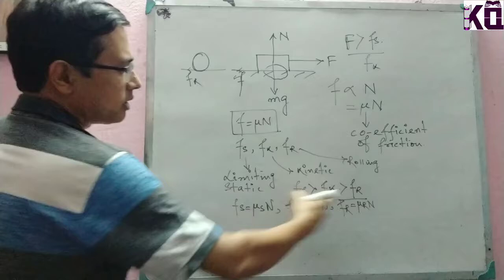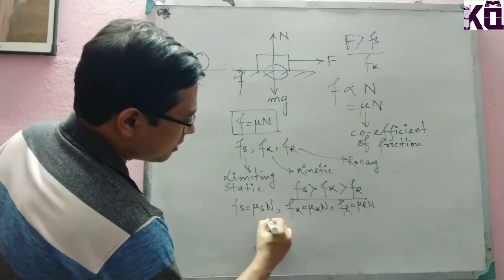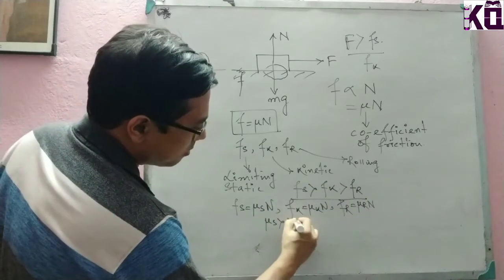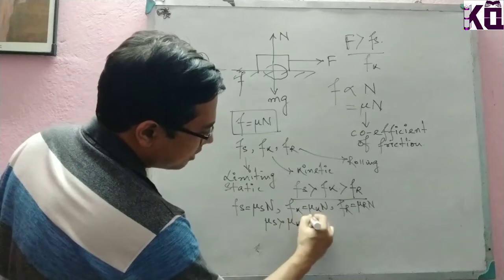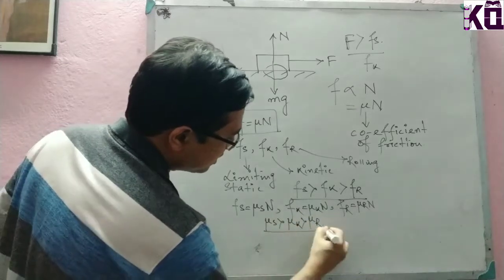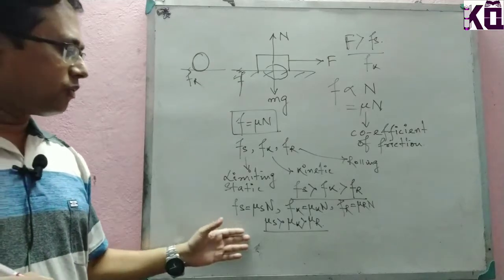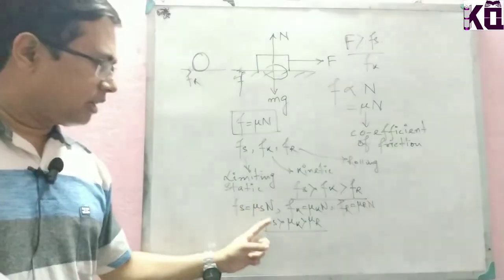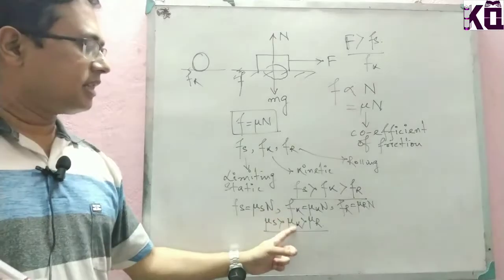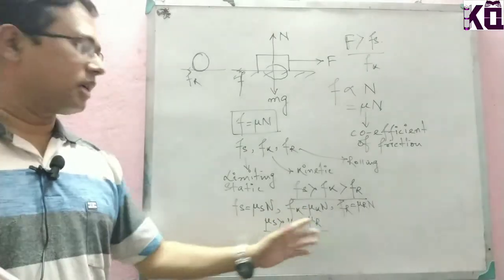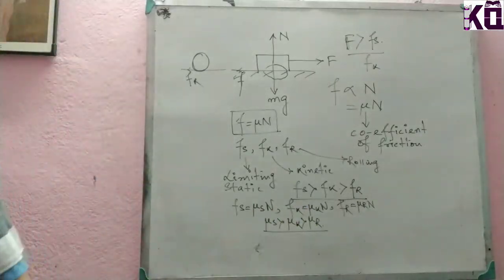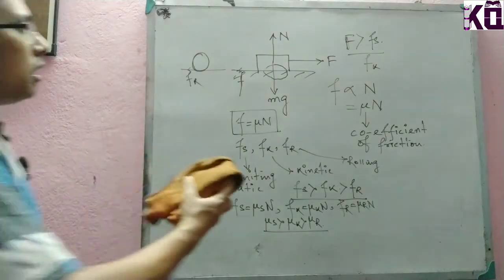So from this relation we can write mu S greater than mu K greater than mu R. This is another relation between the coefficients of friction in case of limiting static, kinetic and rolling. Okay, so this is the relation we have to remember.